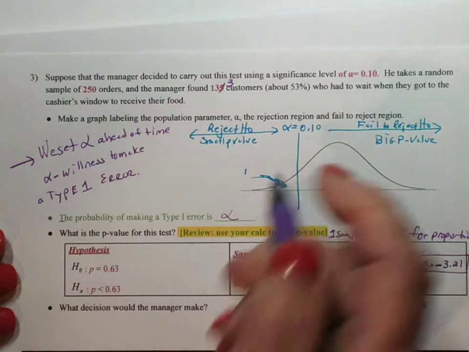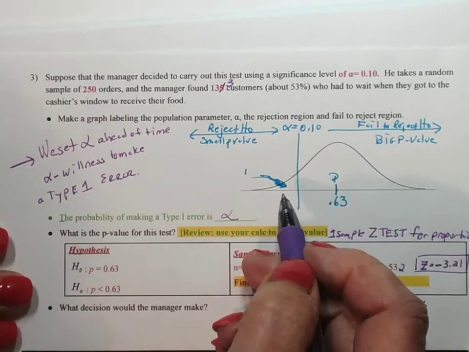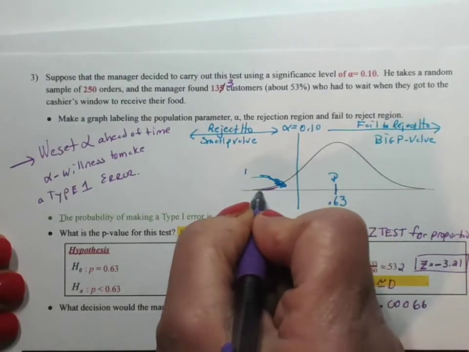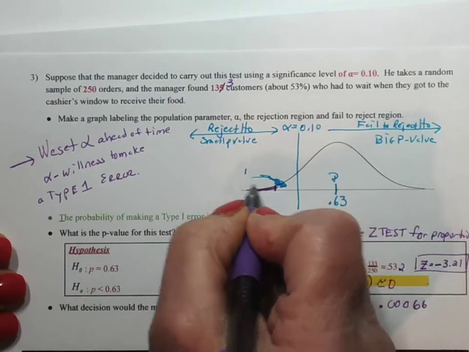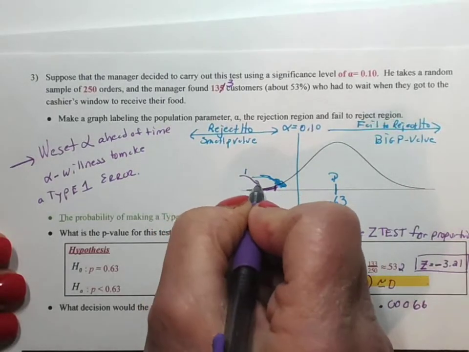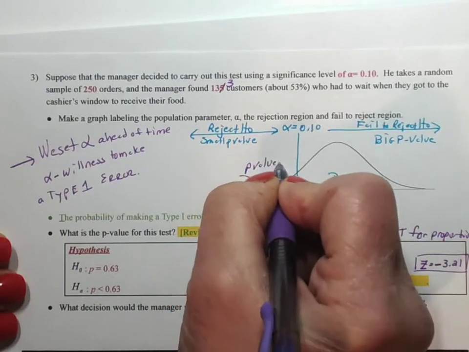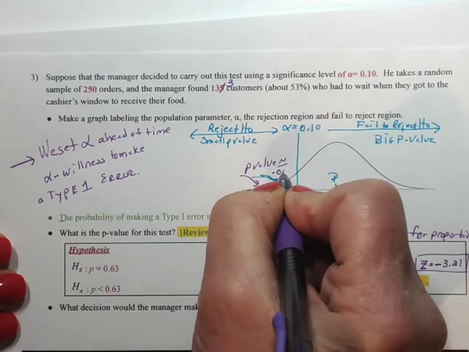So our alpha right here is 0.1. We can tell now that our p-value is very small. Okay, so our p-value is approximately 0 or 0.001.